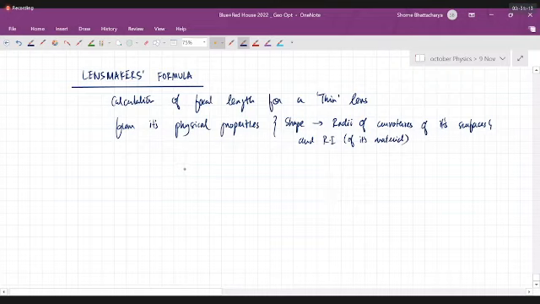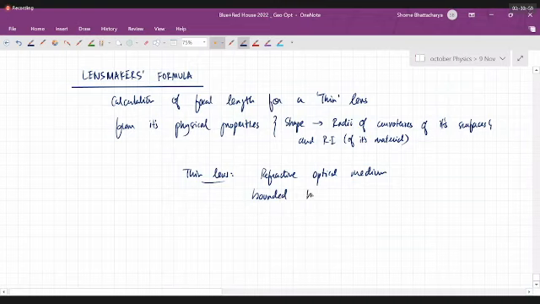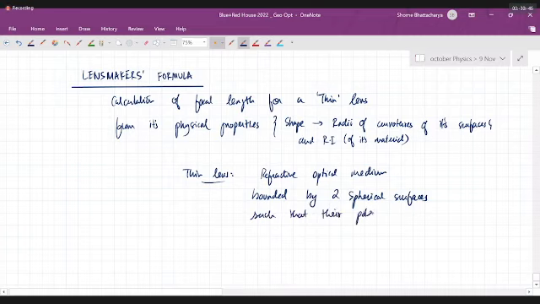So first of all, what is a thin lens? It is a refractive optical medium bounded by two spherical surfaces such that their poles are near.